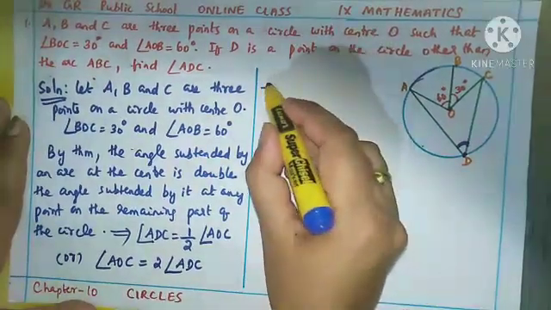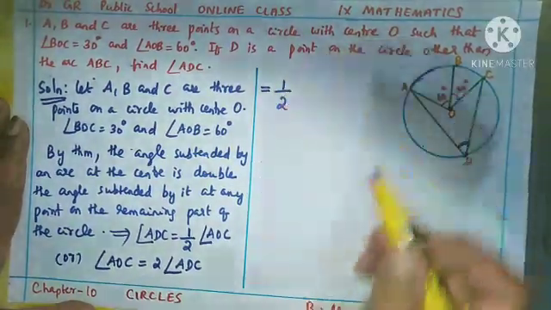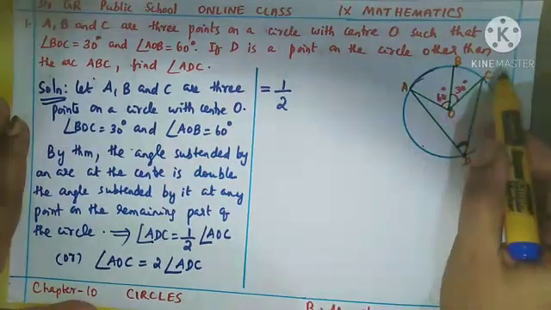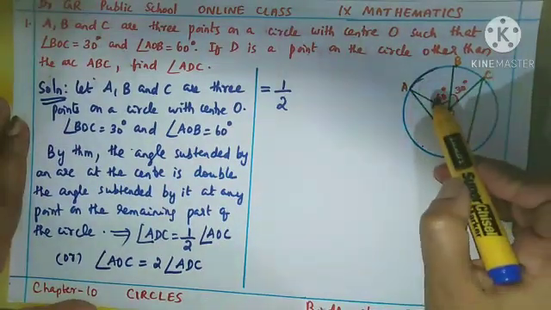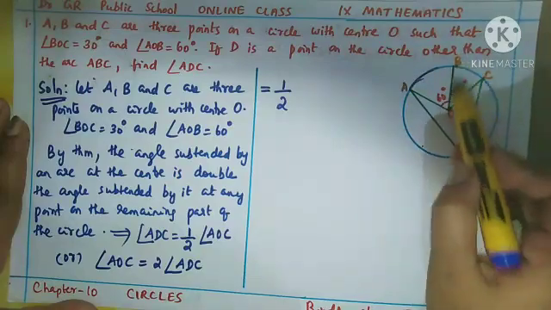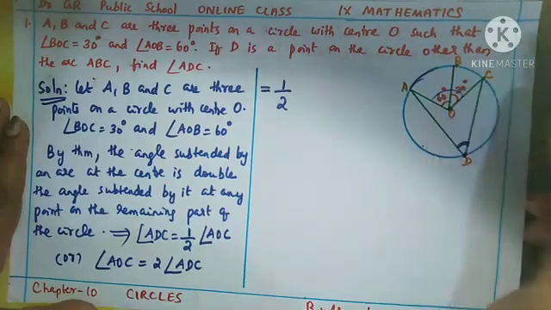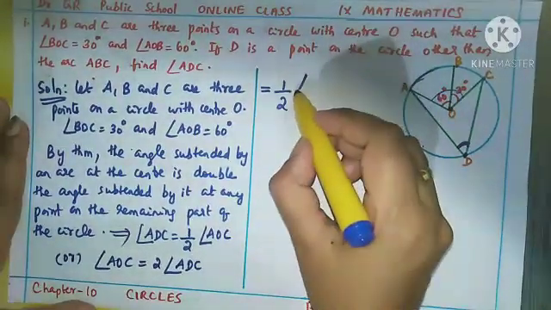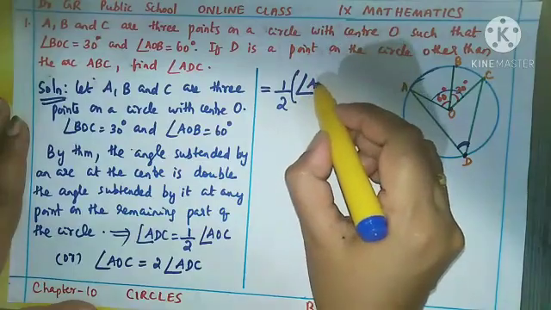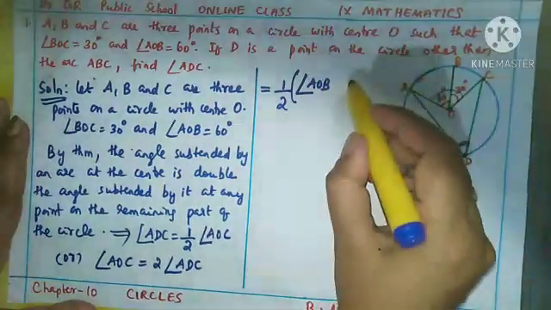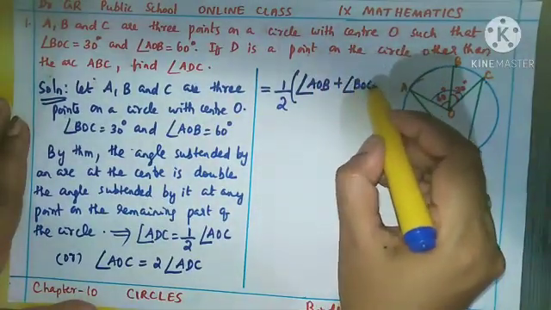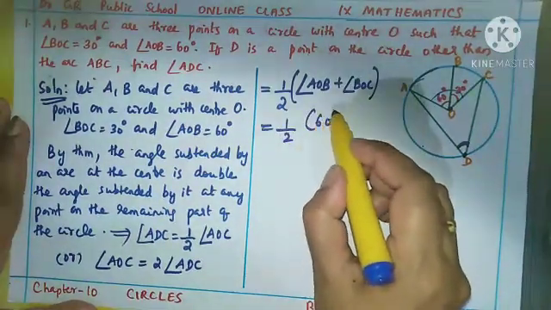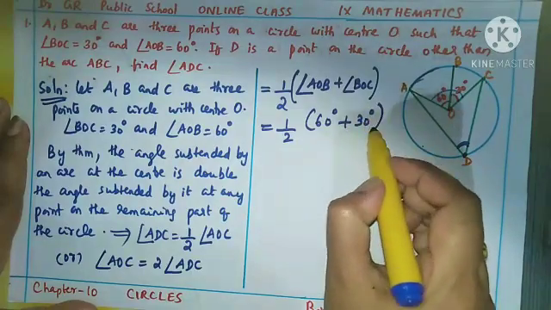Now, ADC is equal to half of AOC. You know what is AOC here? AOC is the total angle of AOB and BOC. So, we are writing in the place of angle AOC, half of angle AOB plus angle BOC. That is half of 60 degrees plus 30 degrees.